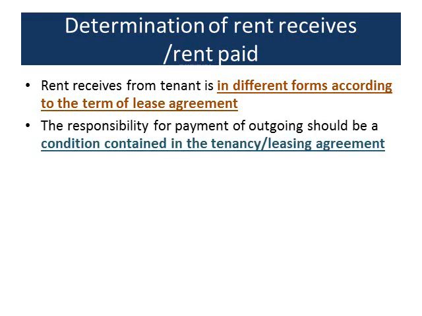The responsibility for payments of outgoings should be a condition contained in the tenancy agreement. So we could say that it is compulsory. The outgoings payment, the outgoings charge, should be stated in the tenancy agreement, whether it will be paid by the tenant or by the landlord, or maybe part of that will be paid by the owner or landlord and part of that will be paid by the tenant.